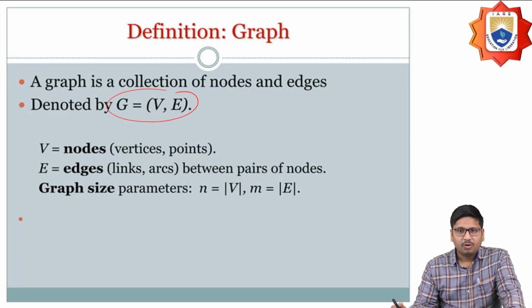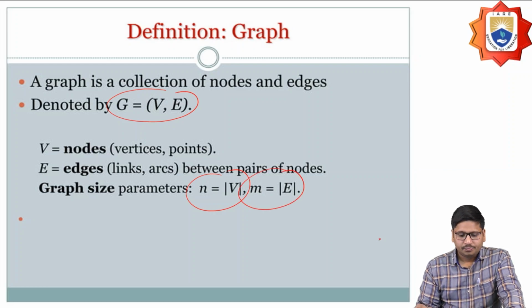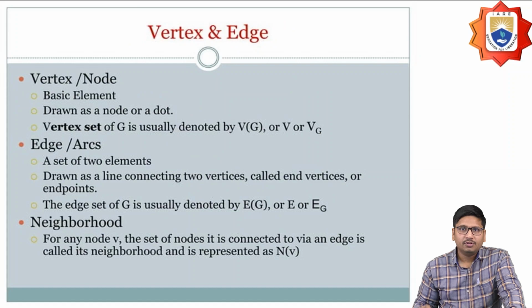And the graph size parameters are represented by n equal to mod V and m equal to mod E. That is the number of vertices in the graph and the number of edges in the graph.